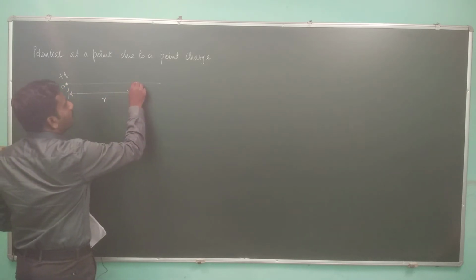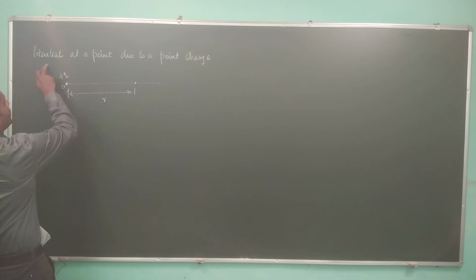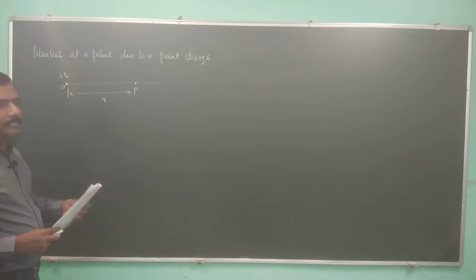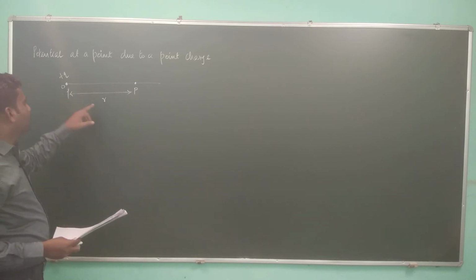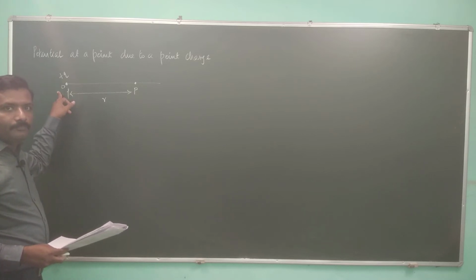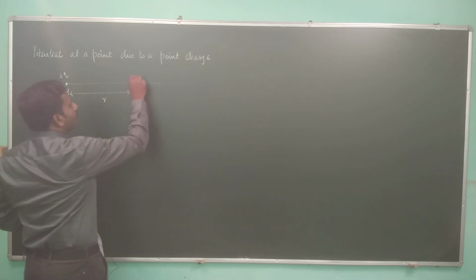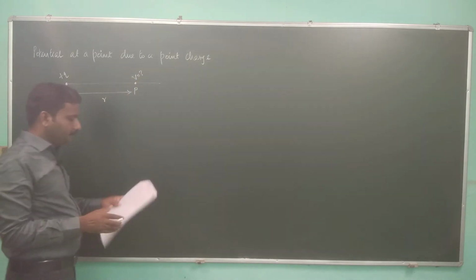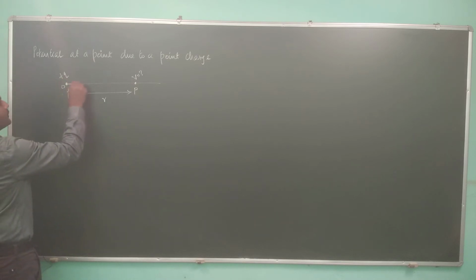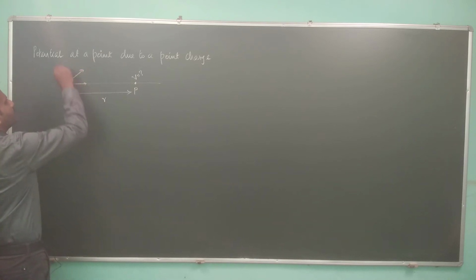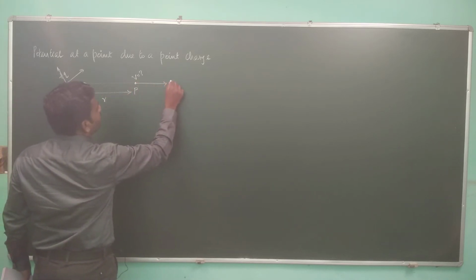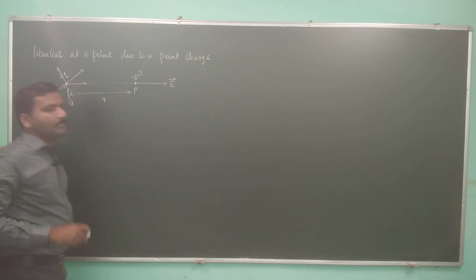Here there is a point, let's say P. We want the potential at point P, which is located a distance r from the charge plus q. Since this is a positive charge, the electric field is directed outwards in all directions, so here the electric field will be directed in this direction.